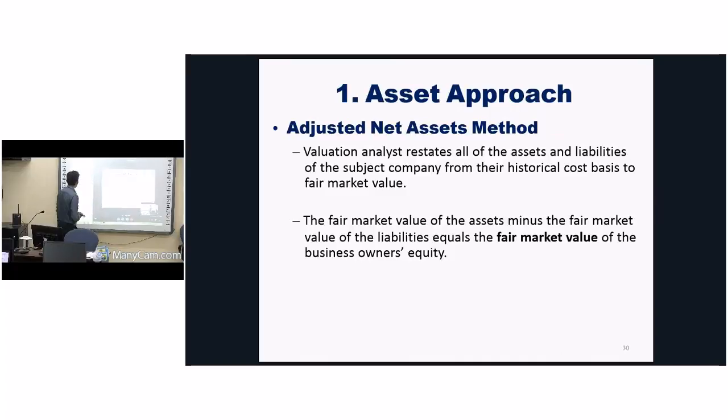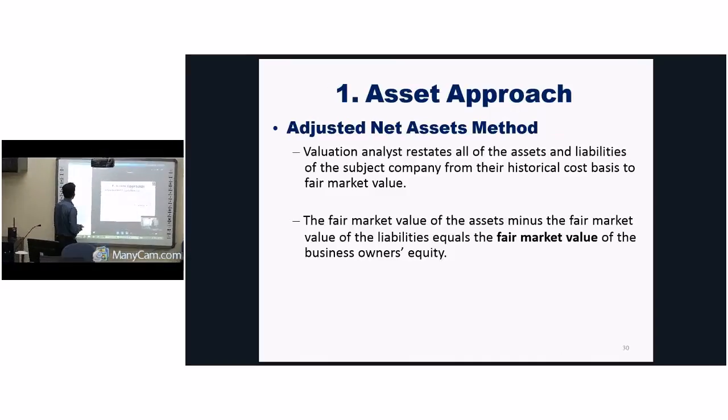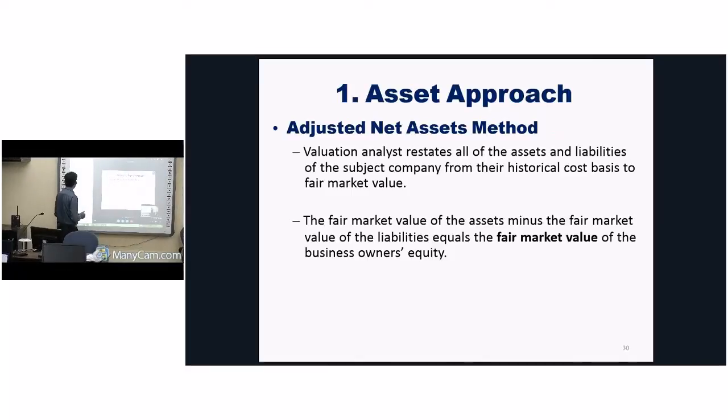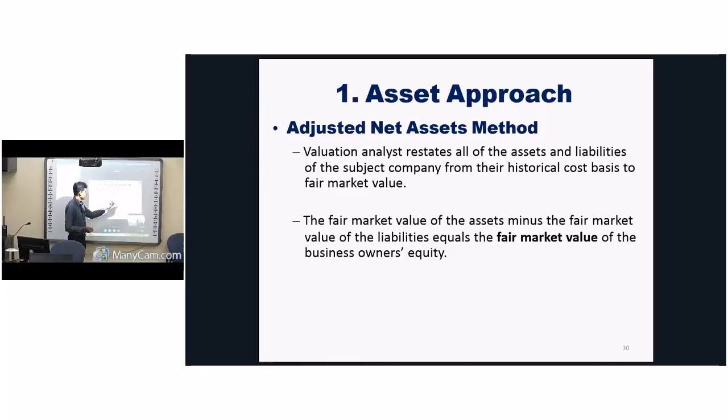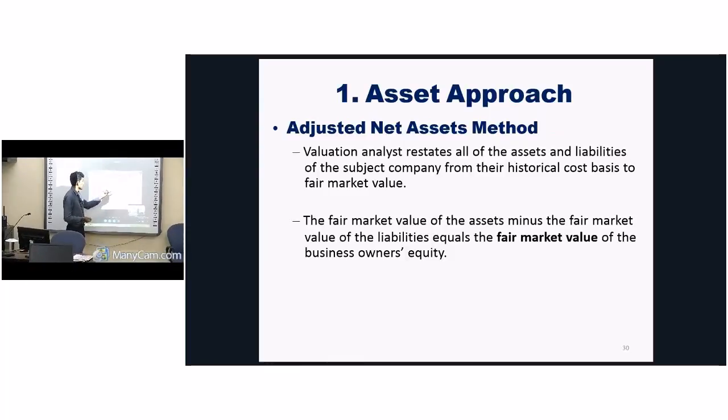So in this method, we try to get the value from a historical value perspective and from a fair market value perspective based on existing prices. The fair value expresses that we take the total fair market value of the assets minus the fair market value of the liabilities, which equals the fair market value of the owner's equity, right?